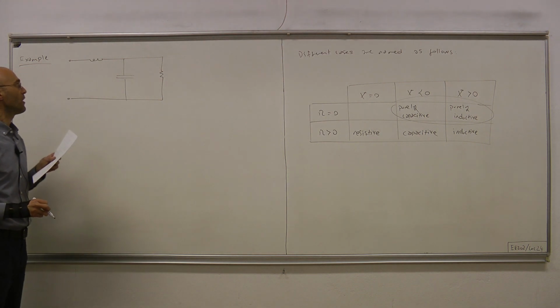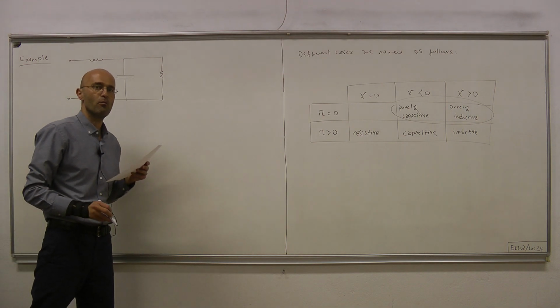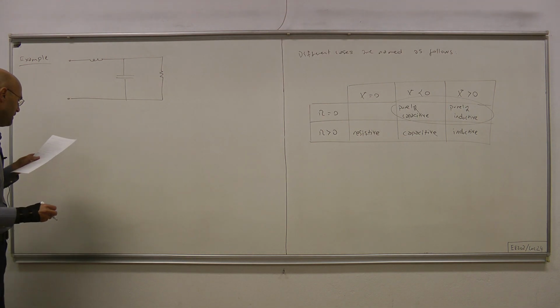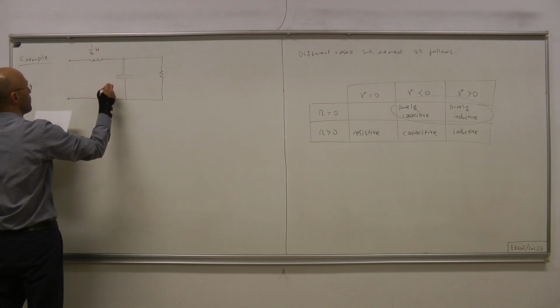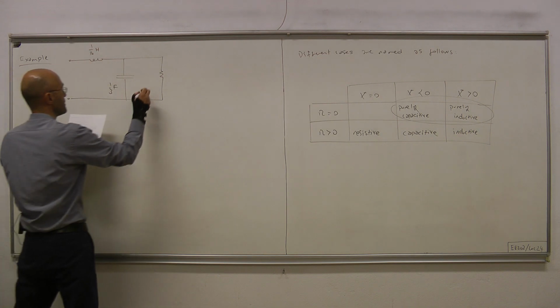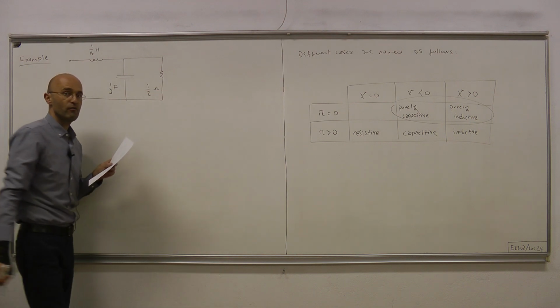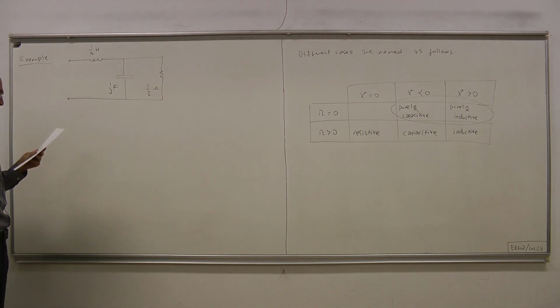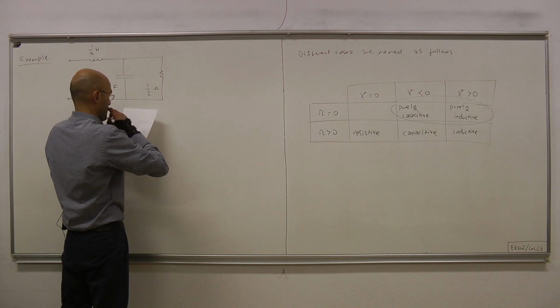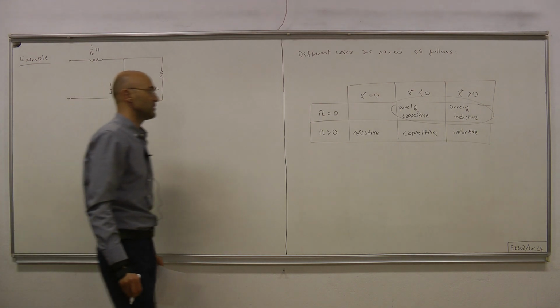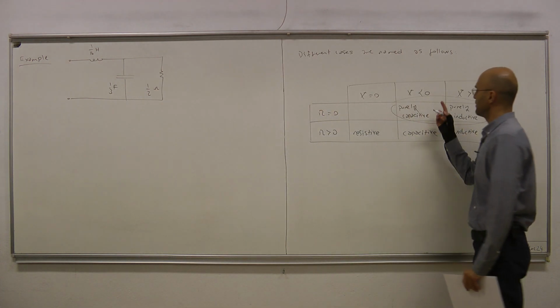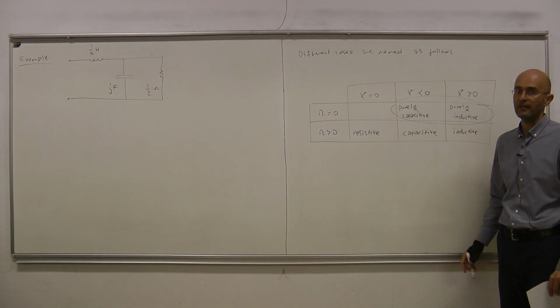So this is our one port that contains 3 components: a resistor, a capacitor, and an inductor. 1/16 Henry, 1/3 farads, and this is 0.5 ohms. Now the question is, given this one port, is it resistive, capacitive, inductive, or purely capacitive or purely inductive?